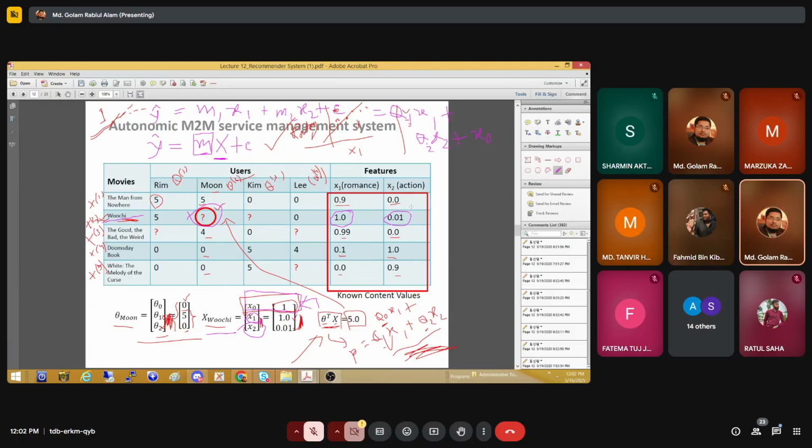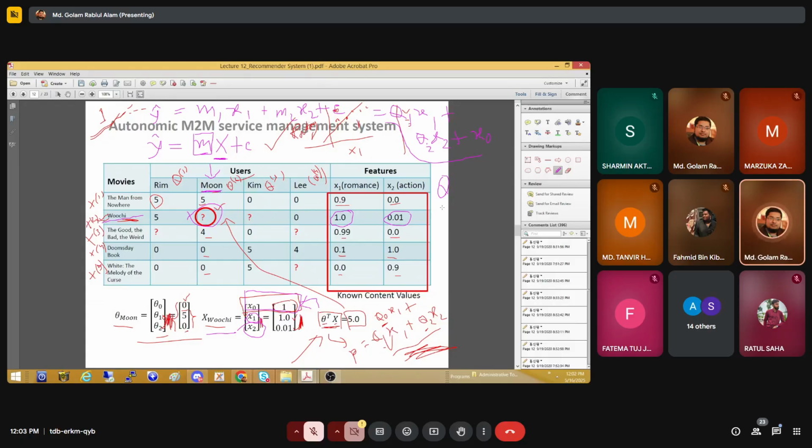In that case, we can represent this in vector form. There is the slope vector, theta, and this theta is specifically for only this user, Moon.